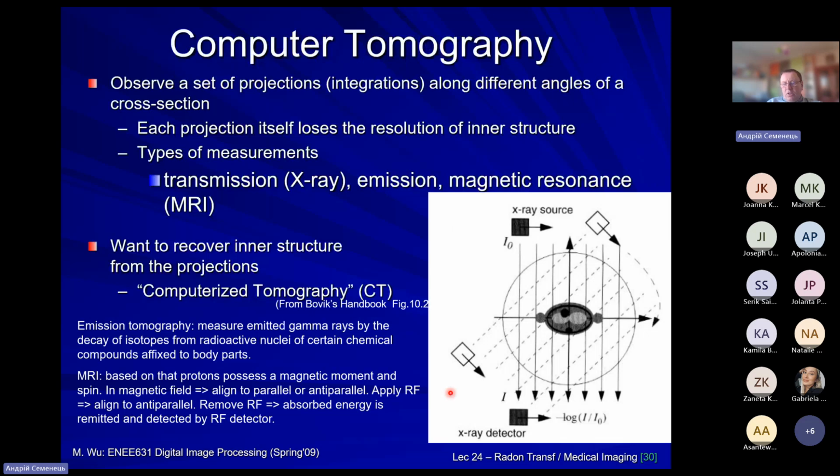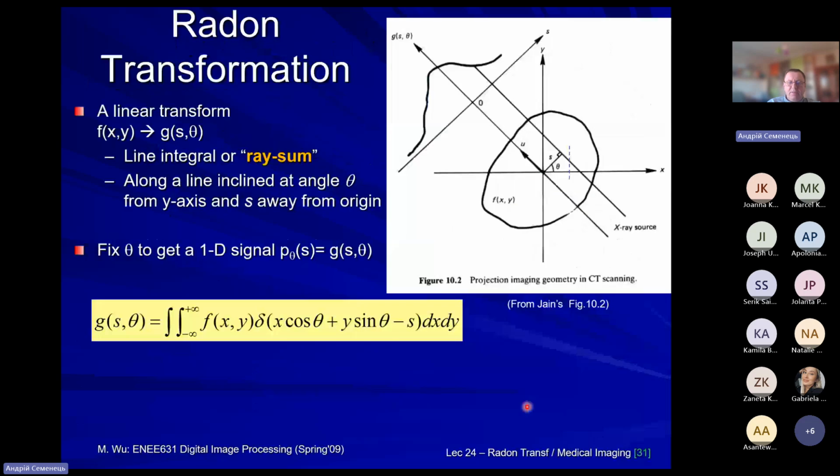Okay, so here is shown an example of the first generation of tomography, which required a number of moving parts to illuminate the patient at different angles and retrieve all necessary information. But even in modern tomography, it goes in a similar way.